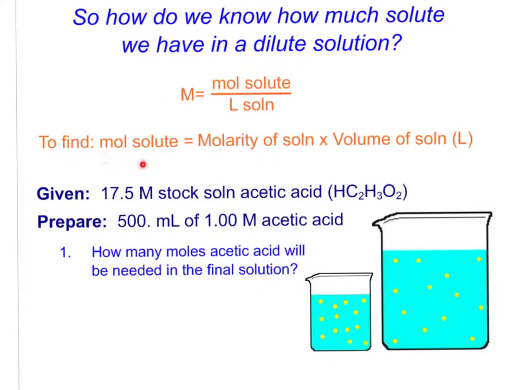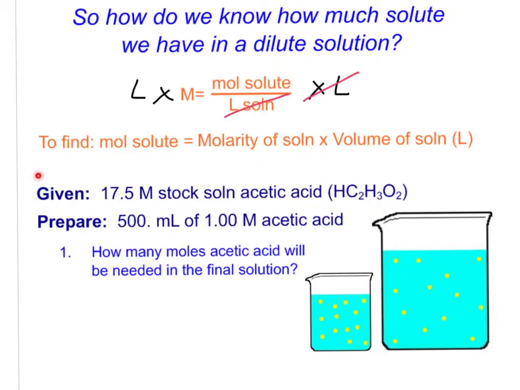We can say moles of solute equals the molarity, and if we simply multiply both sides by liters of solution, then we can cancel these out, and we get moles of solute is going to equal molarity times liters of solution, volume in liters. So if we rewrite it this way, we can do this little example problem here.